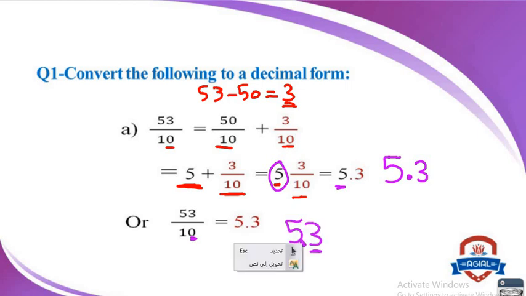Okay, again, we'll do it again. 53 over 10, I write 53. 10 means I have to move from the right one step and put the point, that's the first digit, so I write the point here. So the answer will be 5.3, and you have to keep the two ways or two methods.